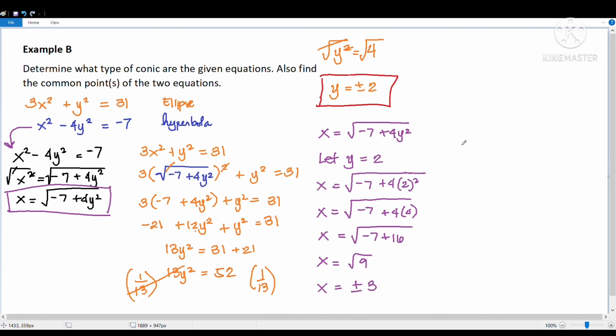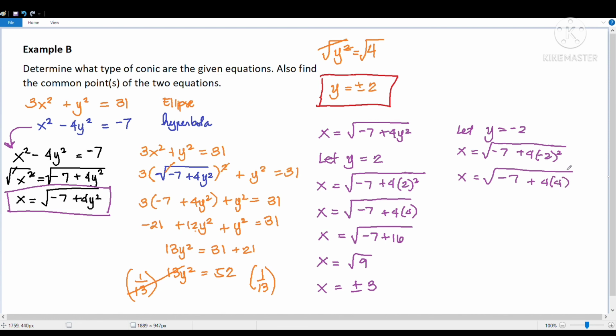Taking the second value of y, which is negative 2. So let y equal negative 2. Our value of x will be equal to square root of negative 7 plus 4 times negative 2 squared. And then we have x equal to square root of negative 7 plus 4 times positive 4.